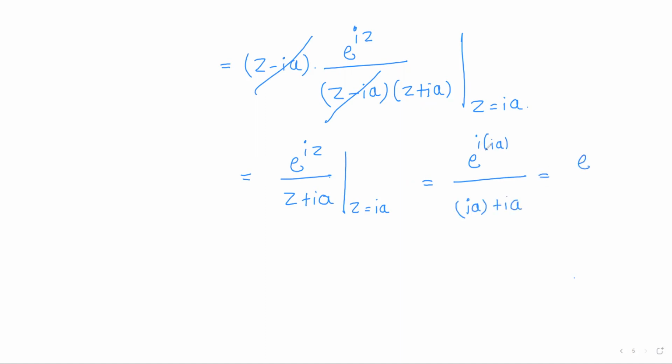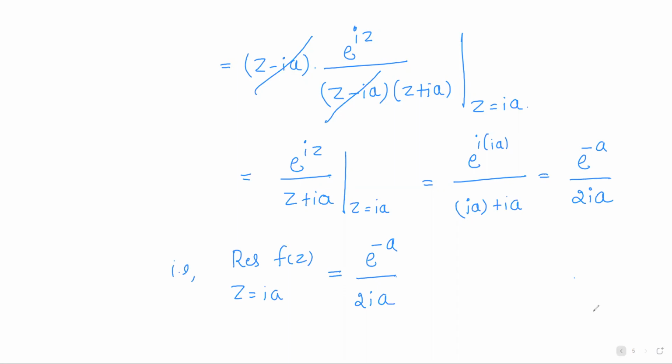So e to the power i square a, which is e to the power minus a, divided by 2ia. So this is the residue of f of z at the simple pole ia: e to the power minus a divided by 2ia.